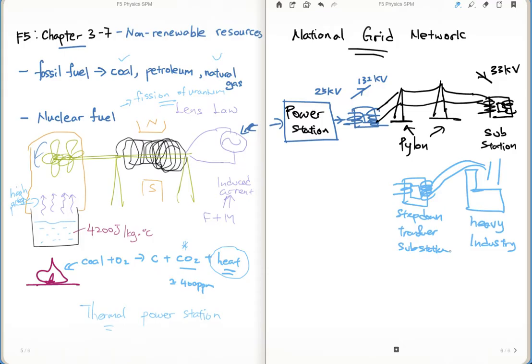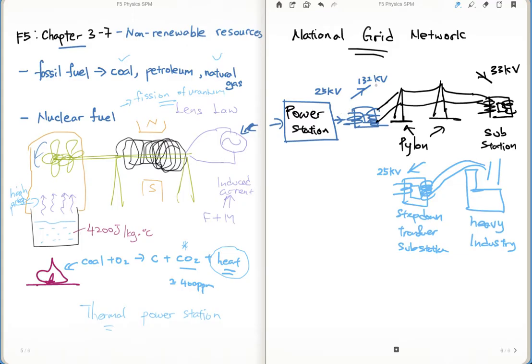What it does in this substation is step it down from 33 kilovolts further to only 25 kilovolts.